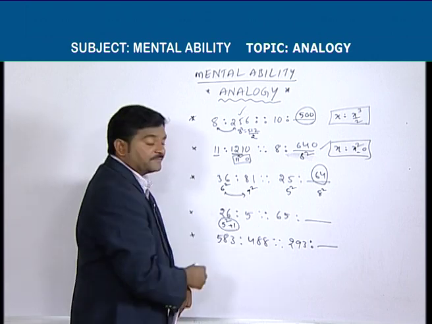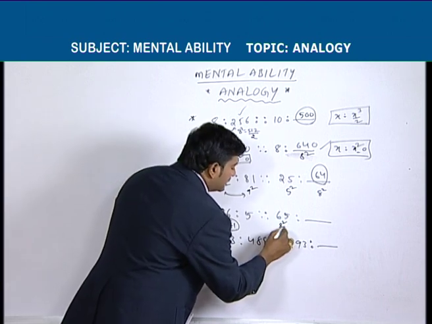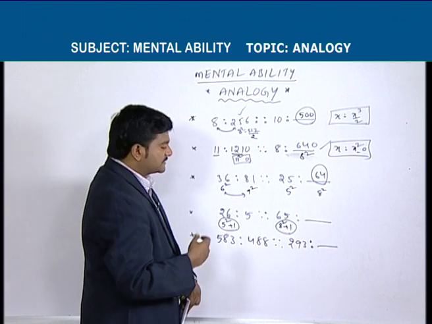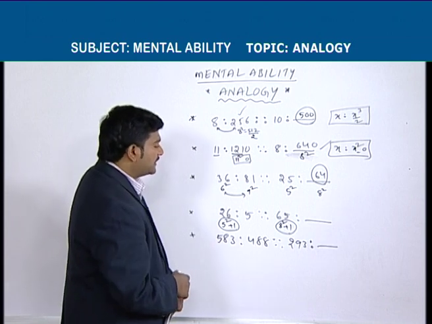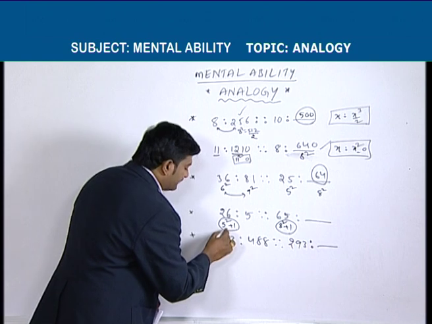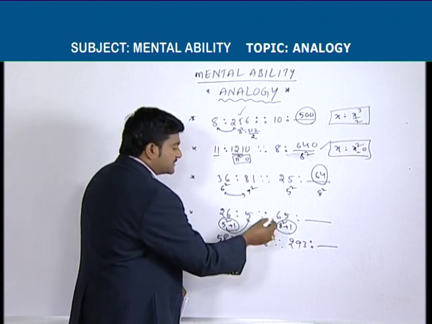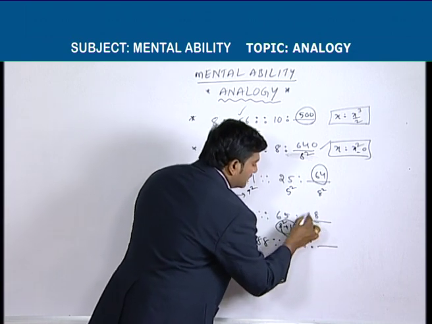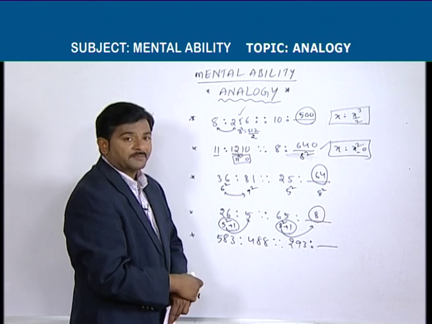Similarly, 65 means 8 square plus 1. 8 square means 64, and 64 plus 1 means 65. So here 26 means 5 square plus 1, see this 5 written here. Similarly 65 is 8 square plus 1, so we need to write this 8 in the given blank. Hence the answer for the given question is 8. Okay.